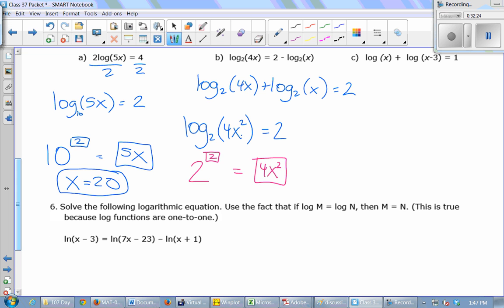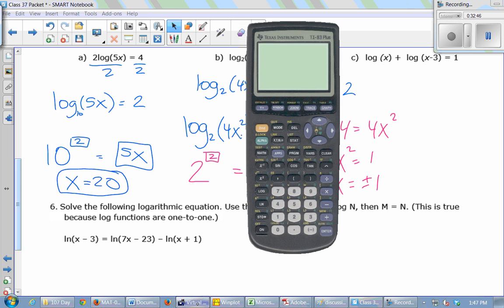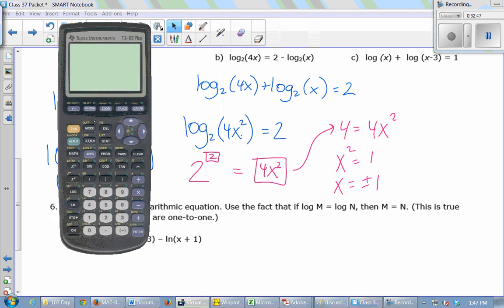So 4 equals 4x squared, that means x squared equals 1, so x is what? Plus or minus 1, right? So let's double check the answers, right? I should have checked A too, I forgot.